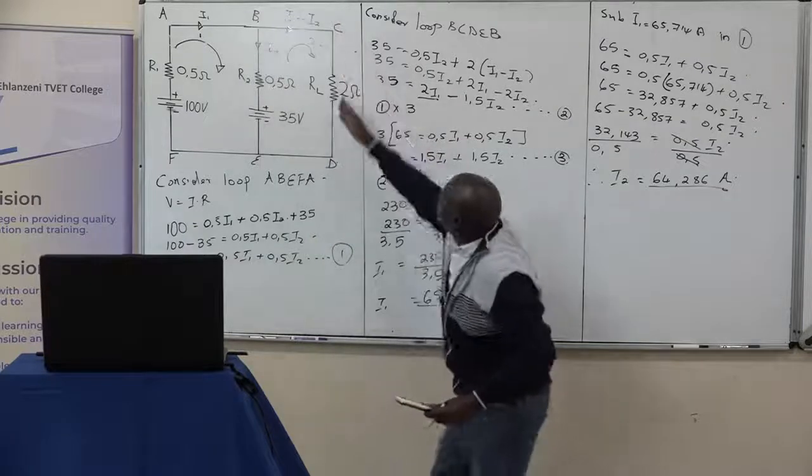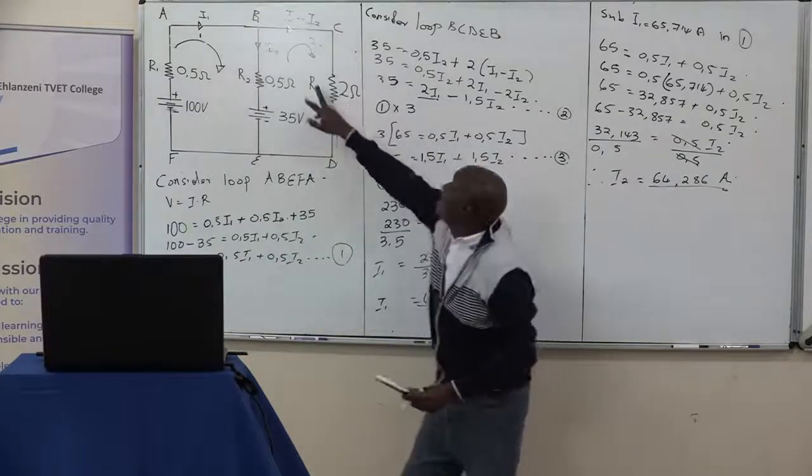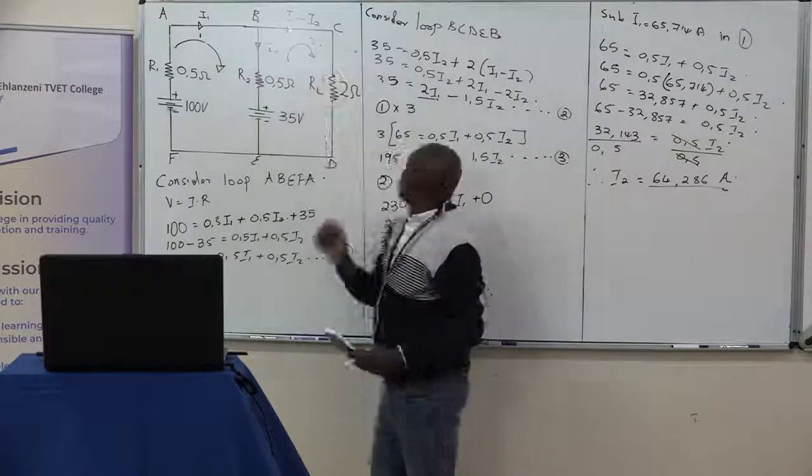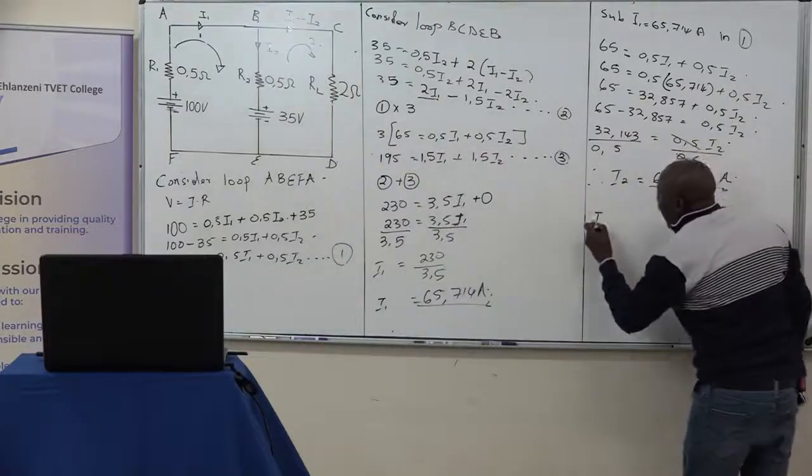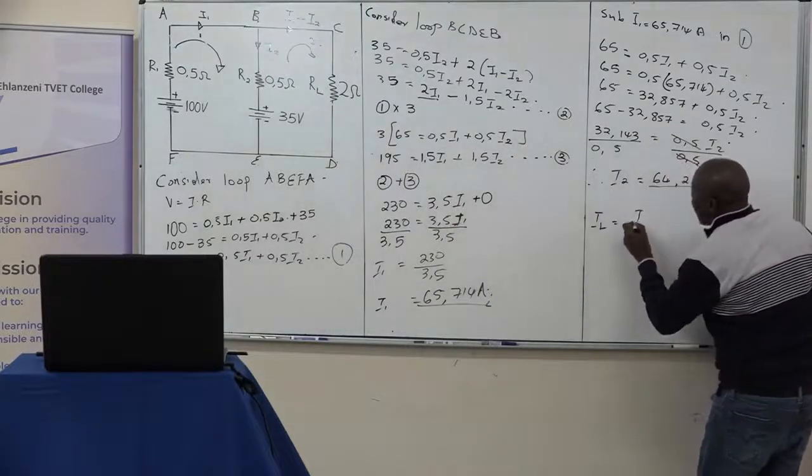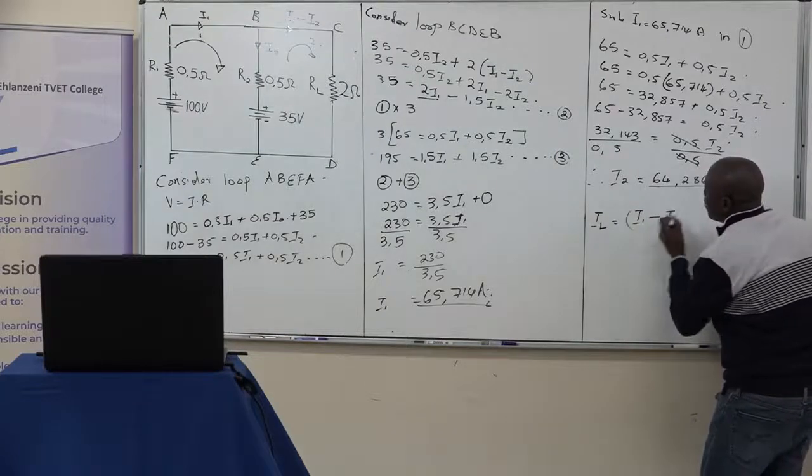Now, the current that is going to pass through our load resistance is going to be the difference of these two. So I can say that the I load is going to be I1 minus I2.